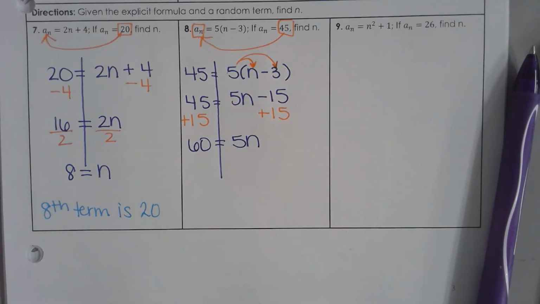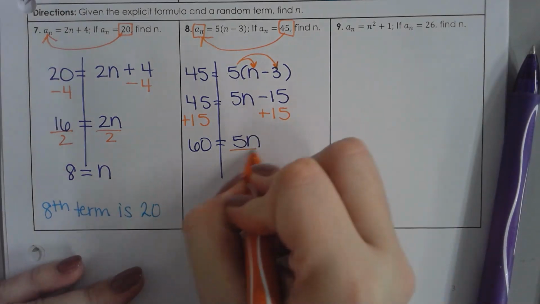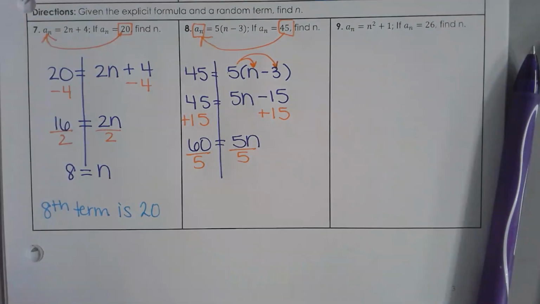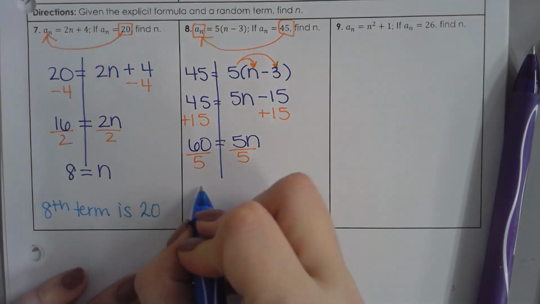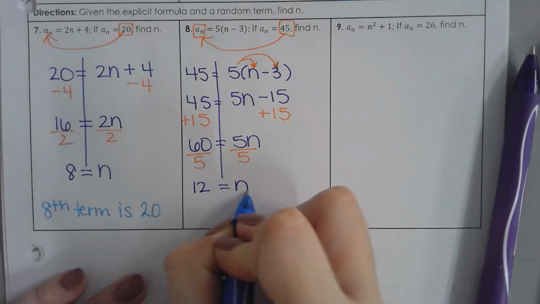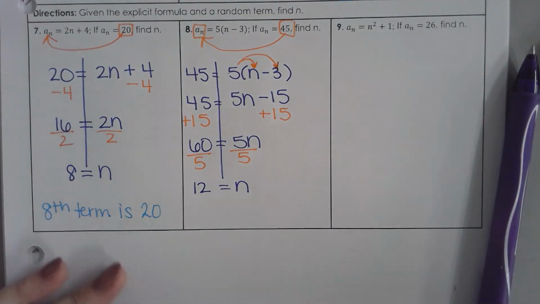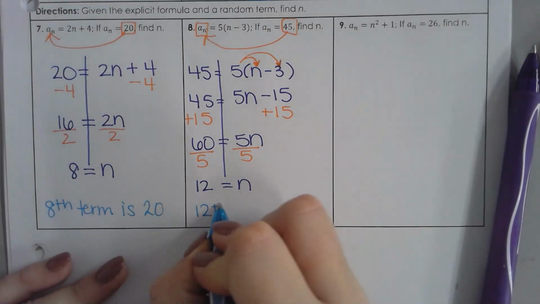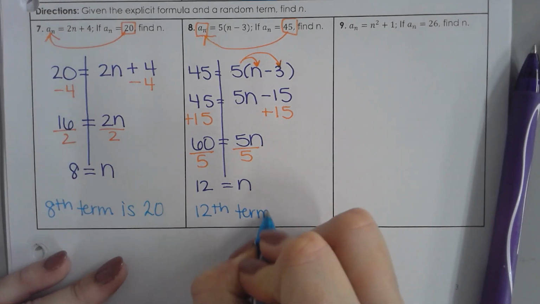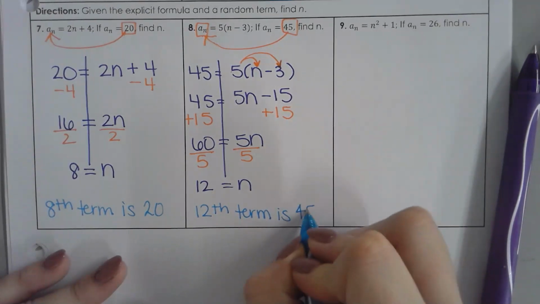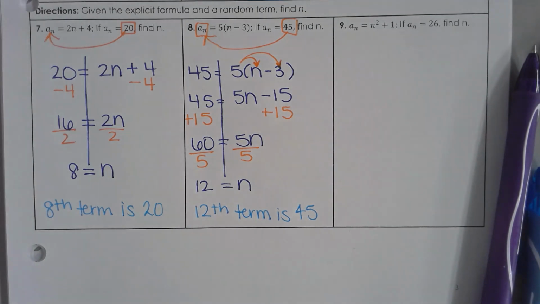We get 60 equals 5n, and then divide by 5. 12 equals n. So what that means is that the 12th term is 45. The 12th number in the list is 45.